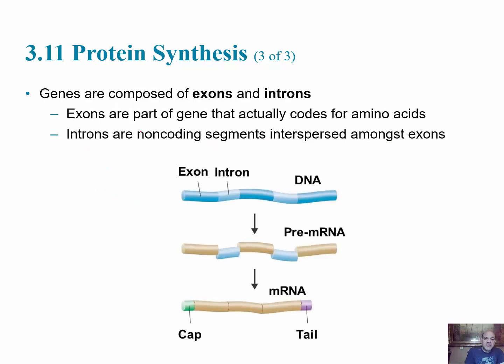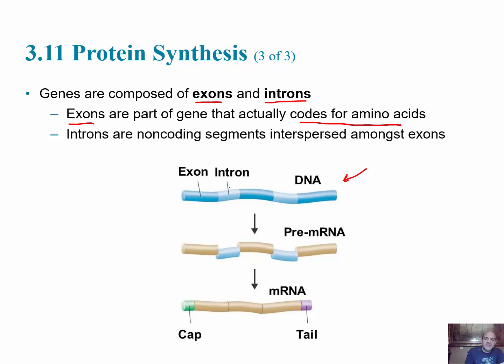Now, genes are going to be composed of exons and introns. Exons are the part of the gene that actually codes for amino acids, and introns are non-coding segments that are interspersed among the exons. If we look at the picture here, here's your DNA.